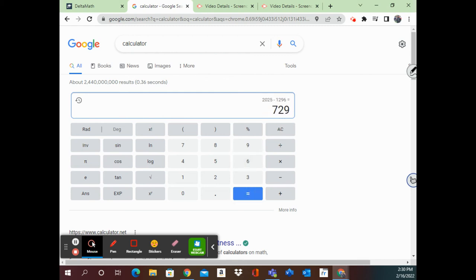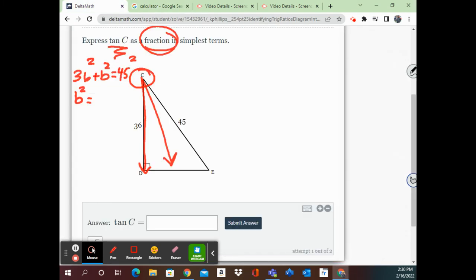So 729, take the square root. 729, that'll give me an answer of 27. So b squared is 729, b is equal to 27. Right, so this side is 27.